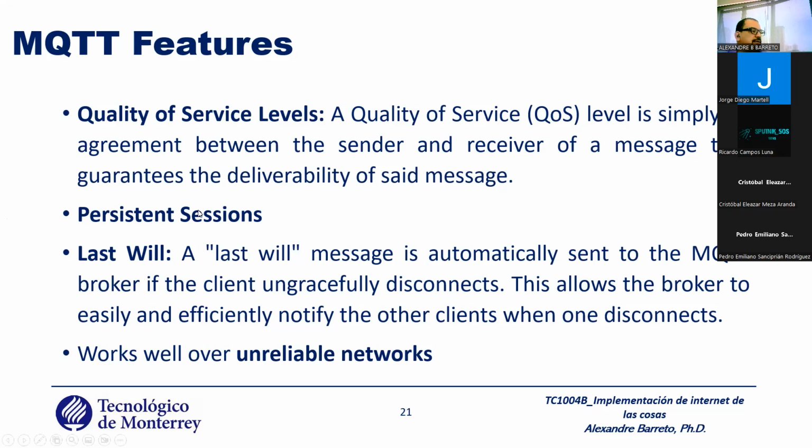You can persist the session. You have the last will. The last will is a message that you can send to the broker when you disconnect aggressively. It's like, for example, you have a publisher that doesn't send the disconnect. It only goes away, okay? It's the last will.